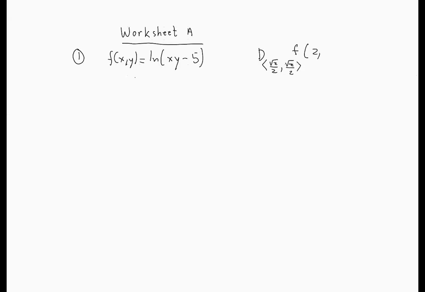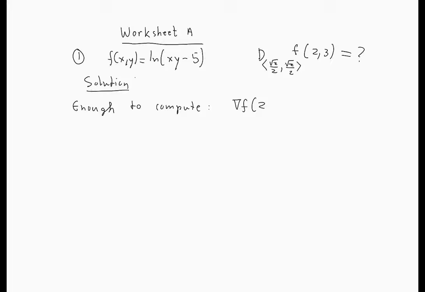So we know that this directional derivative is the same as the dot product of the gradient at that point with the direction vector.